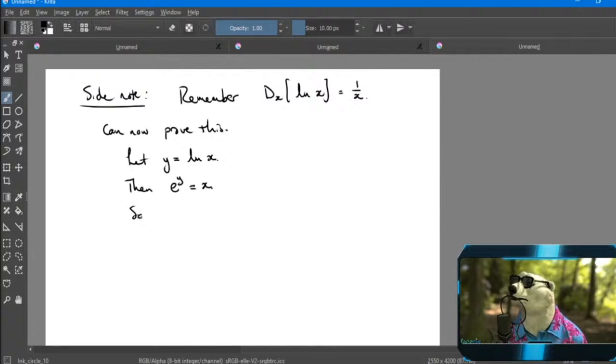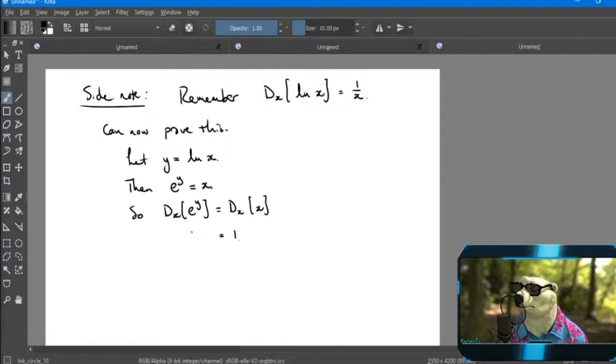Now, we are going to do implicit differentiation, x is my variable, on this equation. On the right, the derivative of x with respect to x is 1.